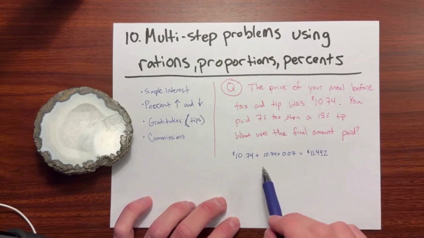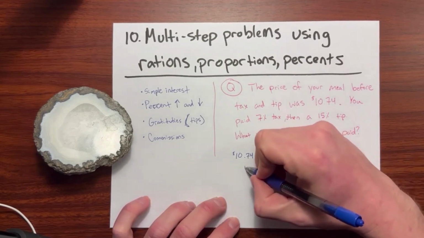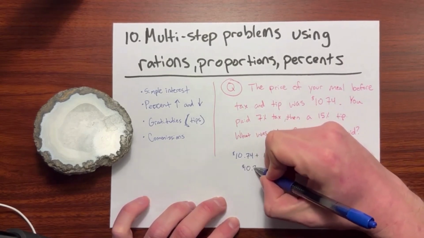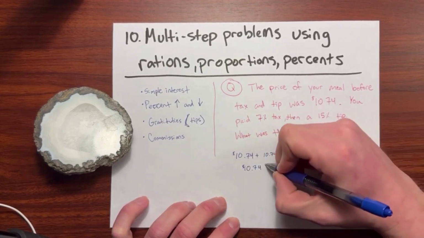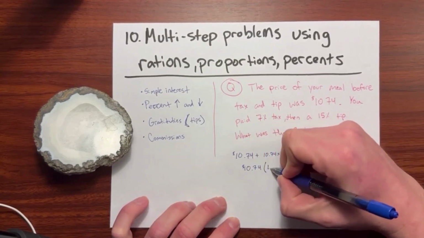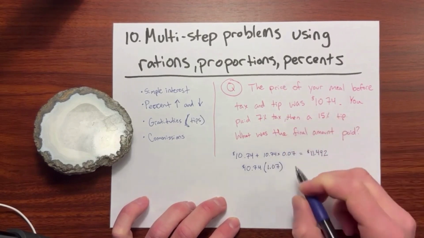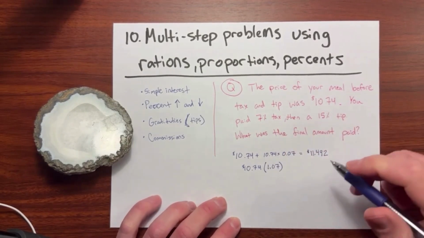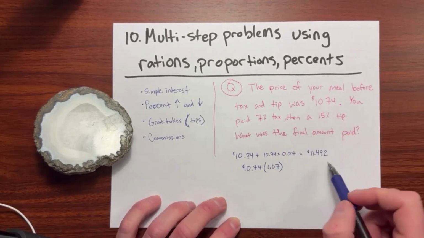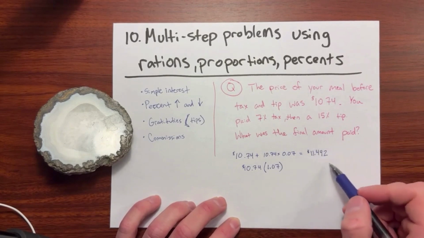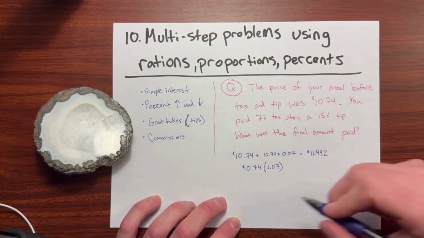Another trick here I want you to know about, just to save you a split second: you can also do 1074 times 1.07. That's going to give you the same answer, save you a little bit of time on the test. So now that we have the total amount with tax, we need to add on the tip.